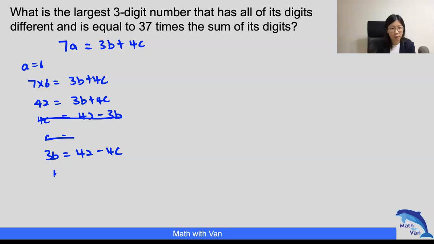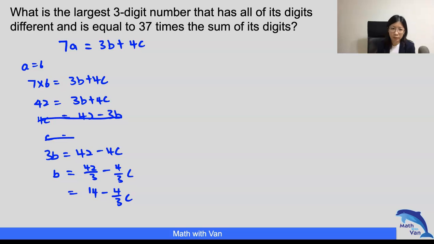So I want to simplify further as 42 divided by 3 minus 4 over 3 C. So it's 14 minus 4 over 3 C.